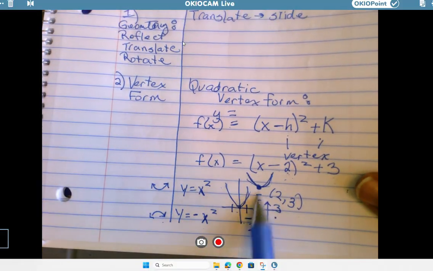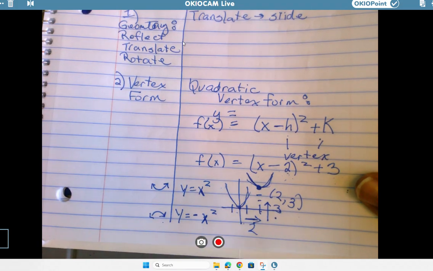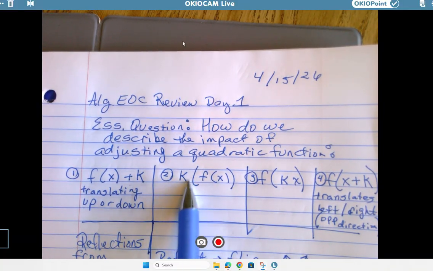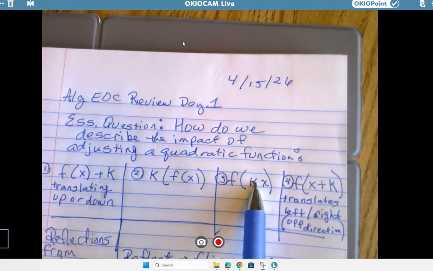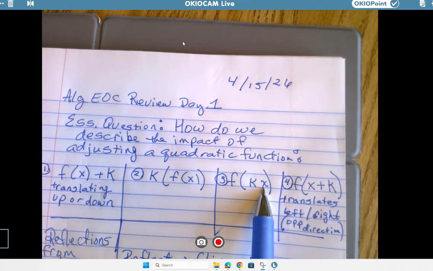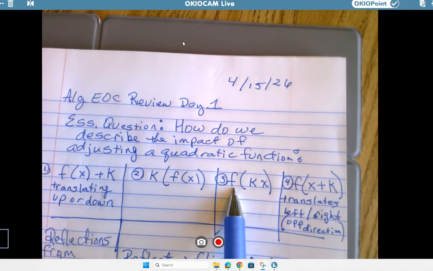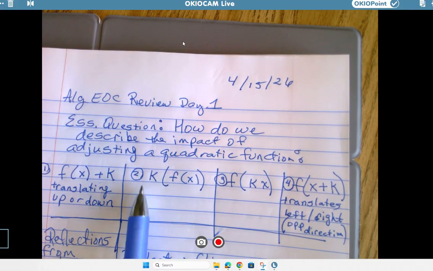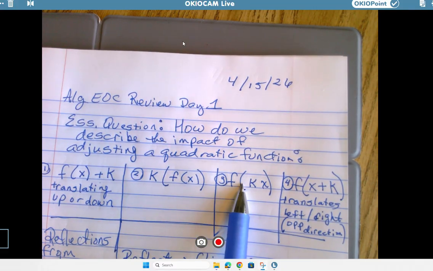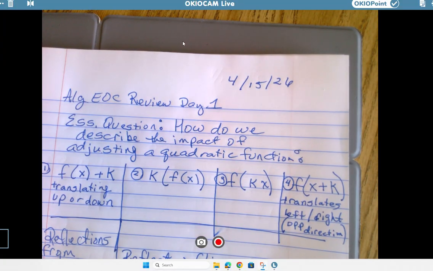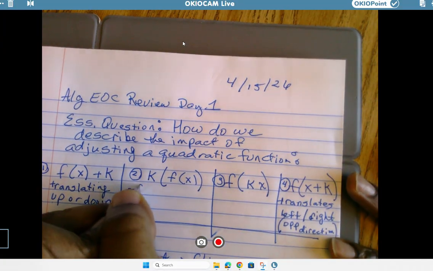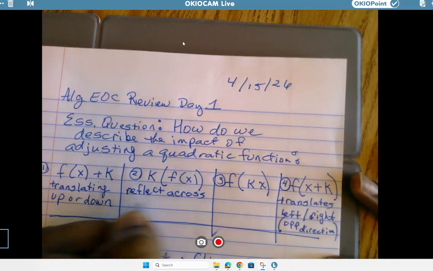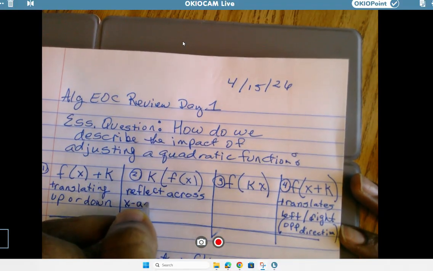Function. The whole function is flipping. Okay? So is this the whole function that is being affected, or is it just the value of the input that's being affected? The whole function. You on and popping today. So which one of these, 2 or 3, will reflect across the x-axis? Alright, so 2 reflects across the x-axis.